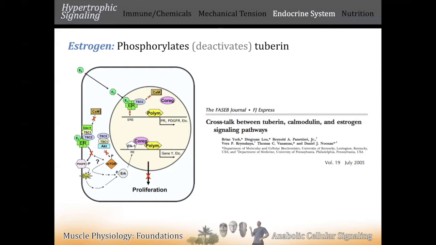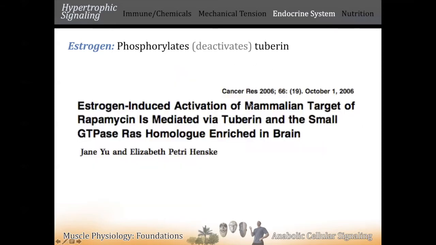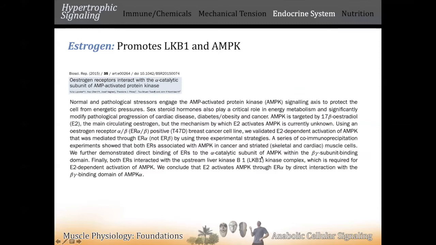You need GTP bound. So estrogen can inhibit tuberin, and the estrogen-induced activation of mTOR is mediated through tuberin and the small GTPase Ras homolog enriched in brain. That's Rheb, RHEB. And so that little cascade is estrogen's activation of mTOR.